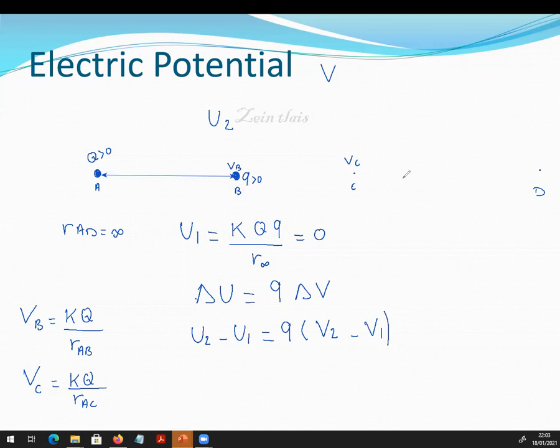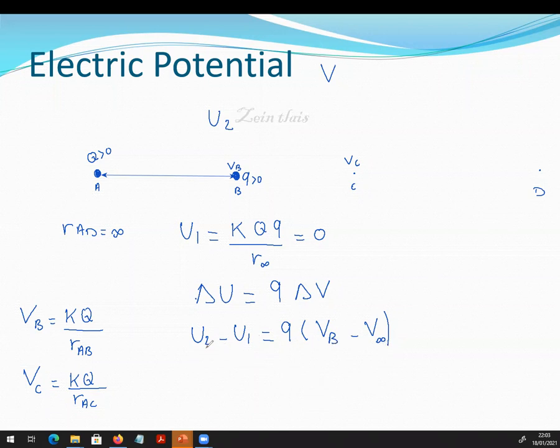V2 is the V at point B, and V1 is at infinity, the initial one. So delta U equals q times VB minus V infinity.